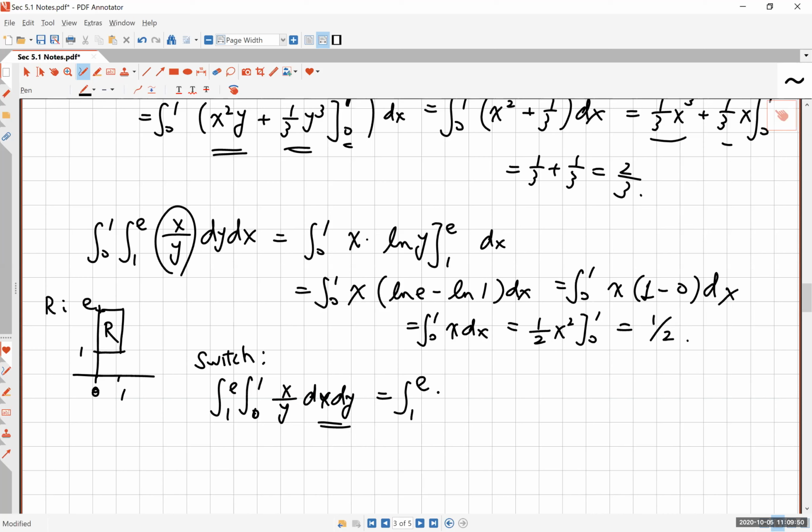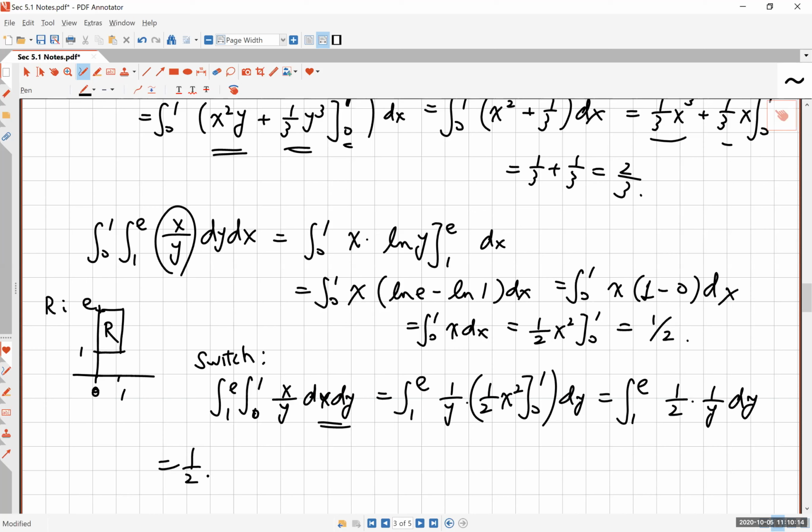And so what is the antiderivative of x over y with respect to x? 1 over y stays the same as a constant, right? And x becomes 1/2 x squared. Plug in 0 and 1 here. You can even do this, and this will be 1/2 and then 1 over y dy. You can take out 1/2 in front if you like.